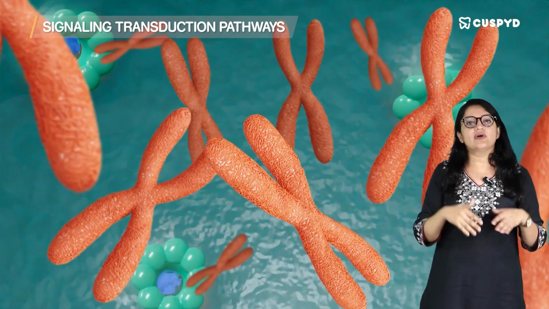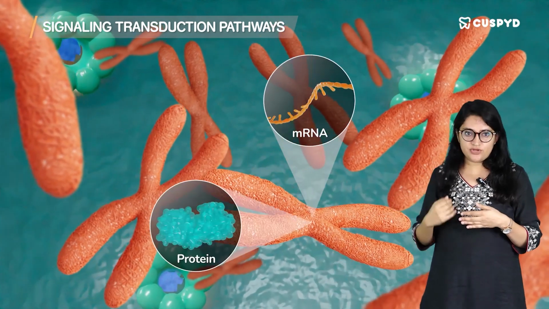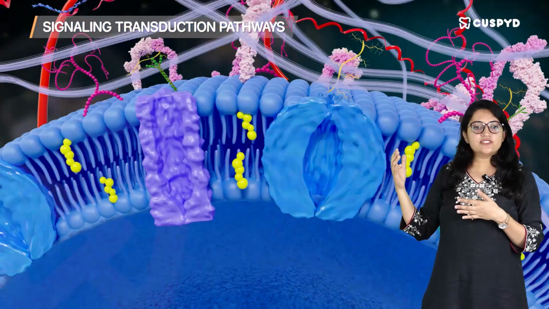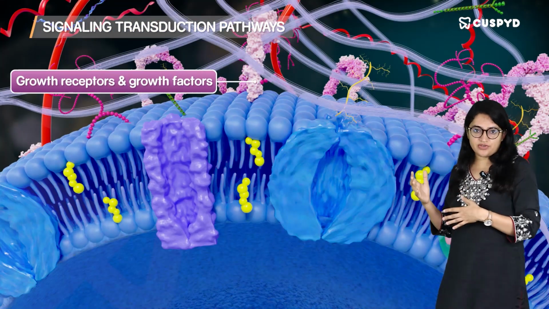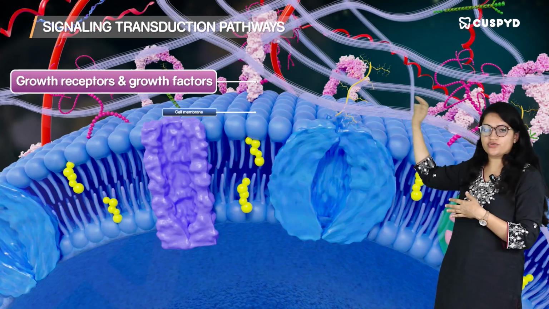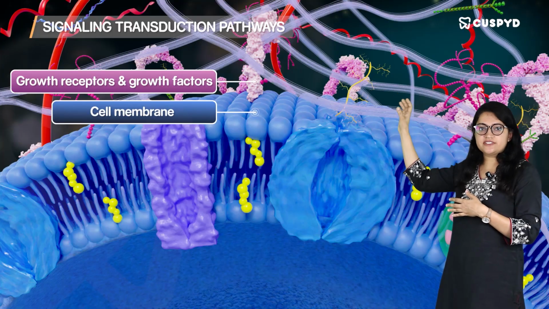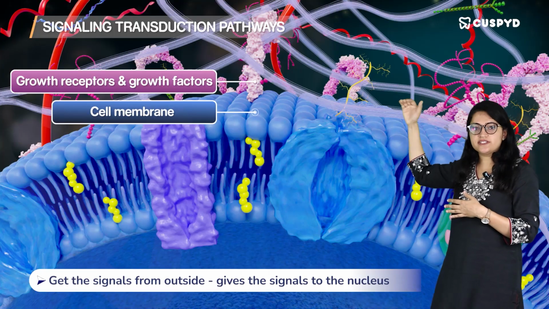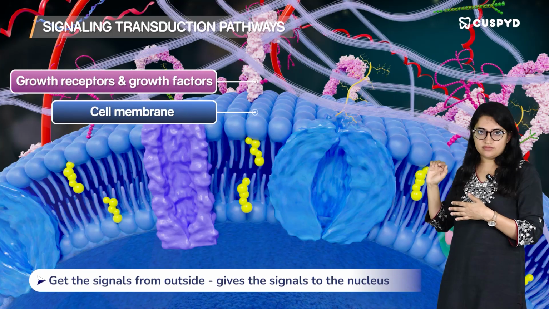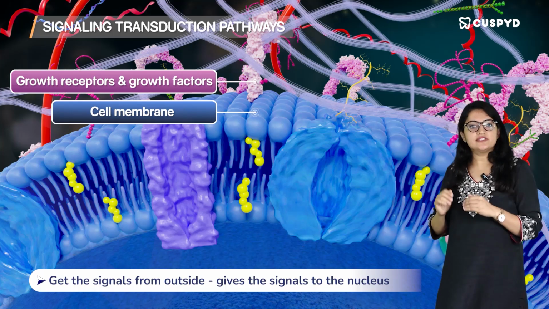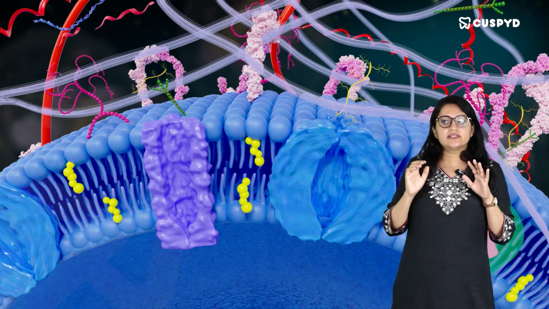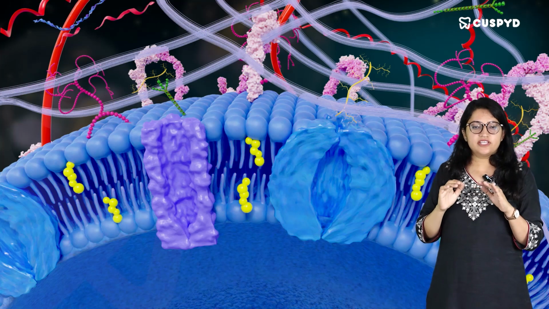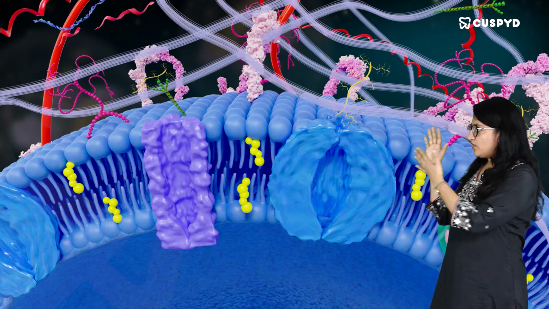Now your DNA is going to act and make mRNAs and proteins. Along with this, you have growth receptors and growth factors, which are again on the surface of your cell membranes. And these receptors are going to get the signals from outside and further give the signals to the nucleus.